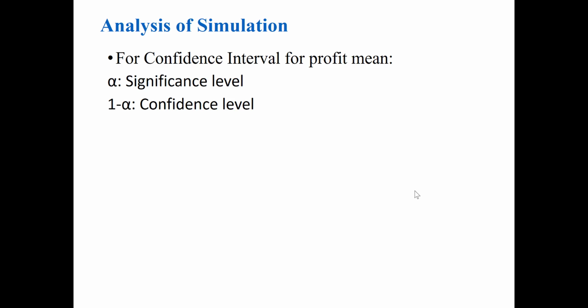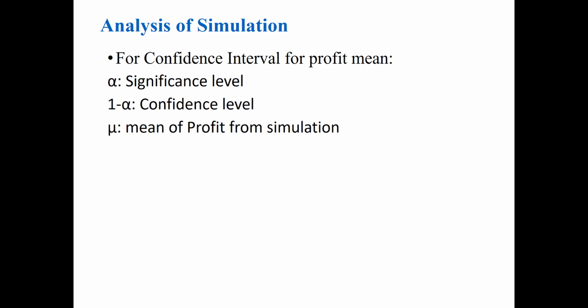These notations are alpha, which represents the significance level, and most of the time is 5%, 1%, so that's a small number. Then we have the confidence level, which is 1 minus alpha.